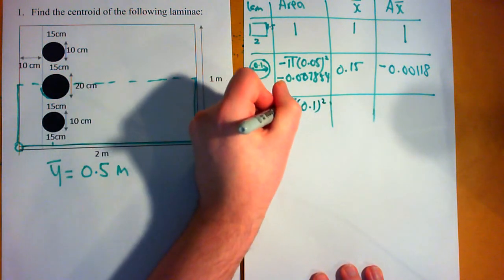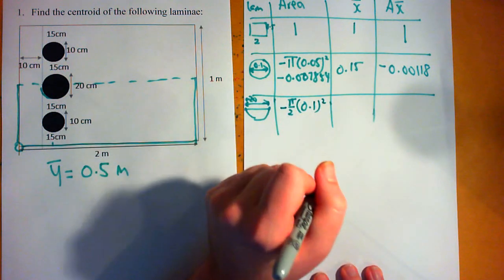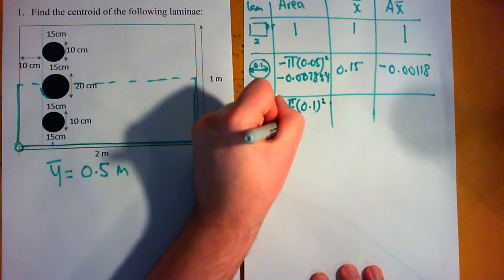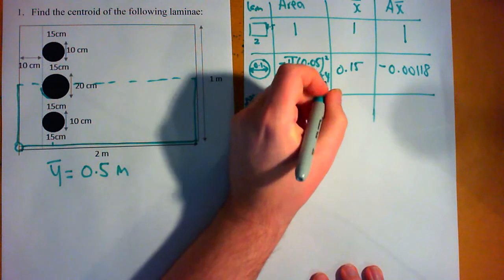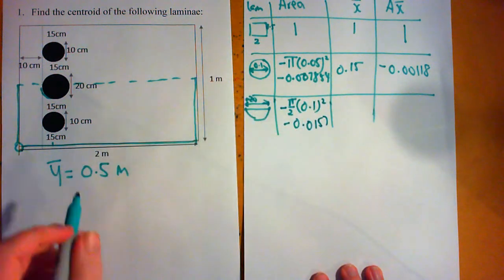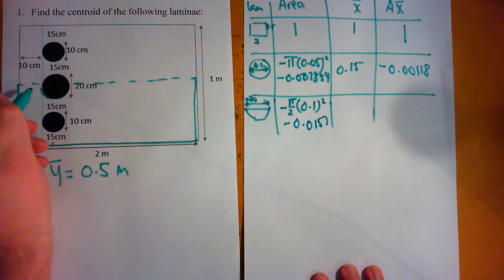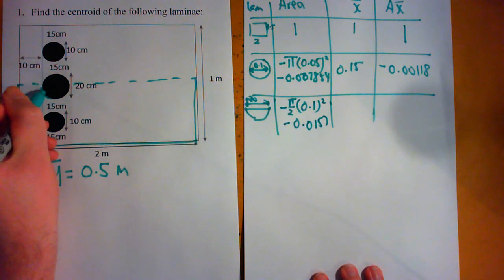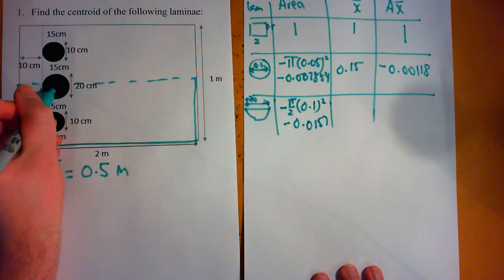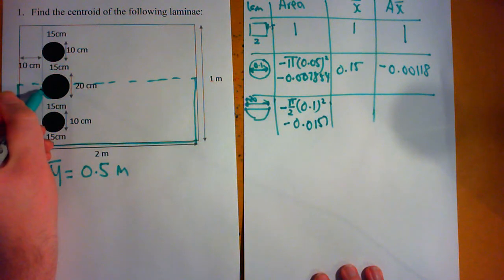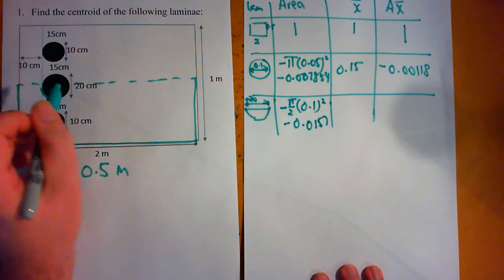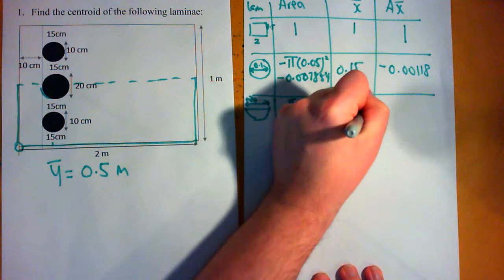Again, it's a hole, we're removing mass, that's negative, and if we calculate that, we get negative 0.0157. Now, where is the centre of this hole? We've got 0.1 of a metre in here, and it's 20 centimetres in diameter, so halfway along will be only 10 centimetres. So its centre will be 0.1 of a metre plus 0.1 of a metre, giving you 0.2 of a metre.